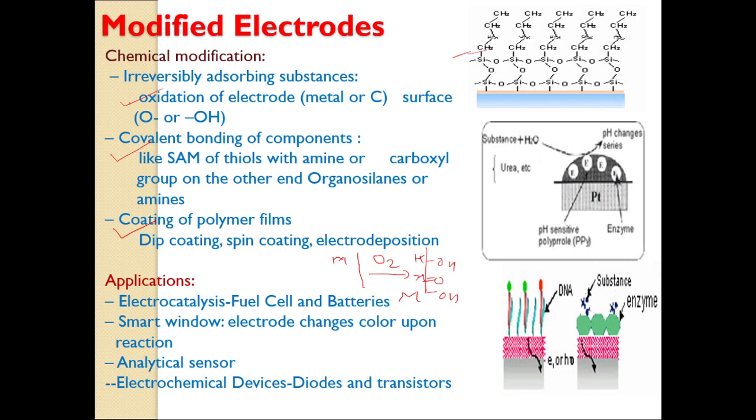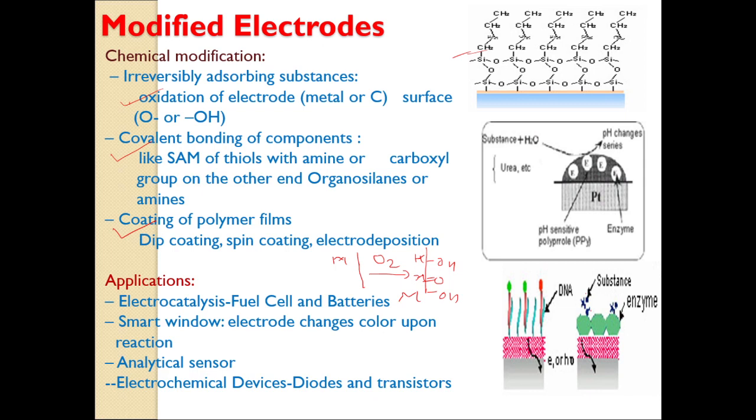This can be used in fuel cells and batteries, because electrodes capable of reducing oxygen to water can be used in fuel cells. Another application is production of electrochromic devices, which change color on oxidation and reduction. So they are used in smart windows.